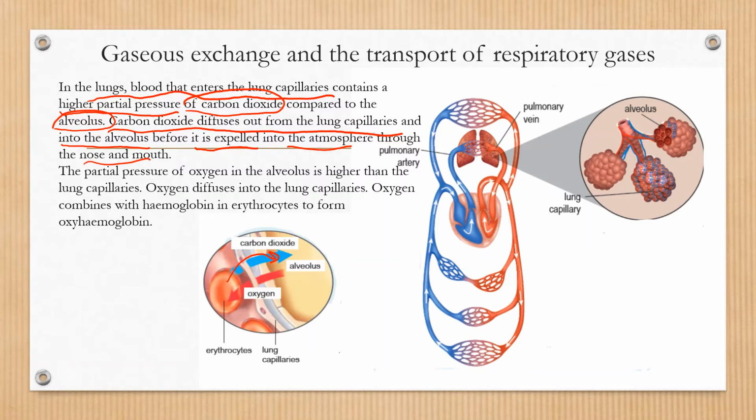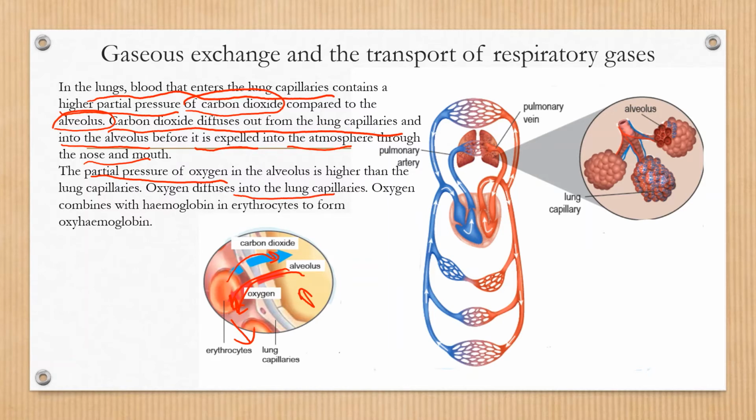For the oxygen, it will be the opposite. The partial pressure of the oxygen in the alveolus is higher than the lung capillary. That is why oxygen diffuses from alveolus into the lung capillary.